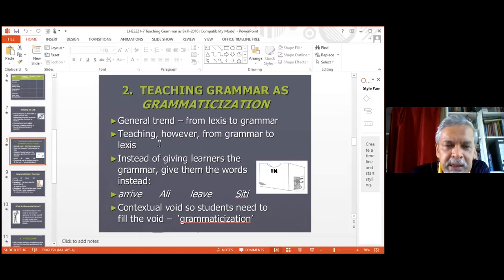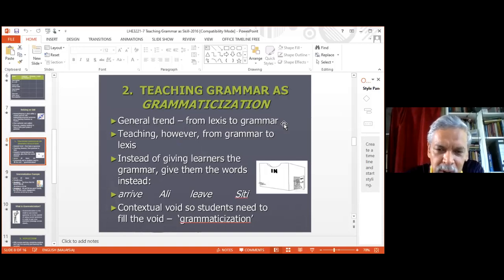Teaching strategy here. The general trend is from lexis to grammar. Lexis meaning words. When we learn a second language or foreign language, we look at the words first. But teaching sometimes is from grammar to lexis. Teaching sometimes focuses on the grammar and then only puts in new words.